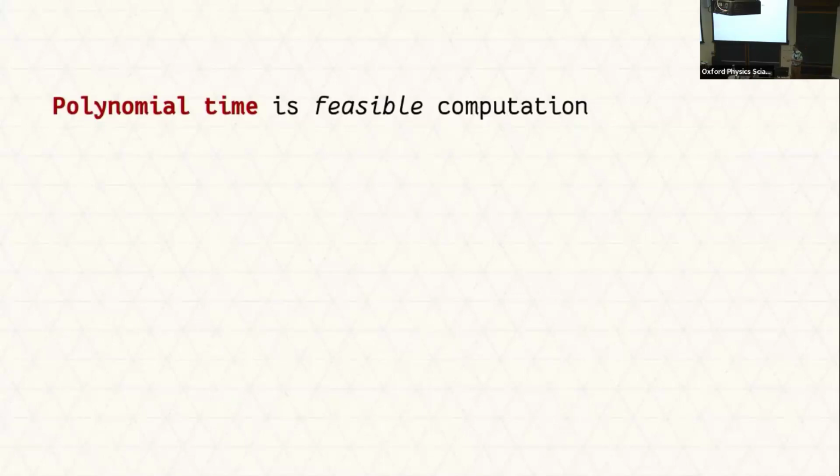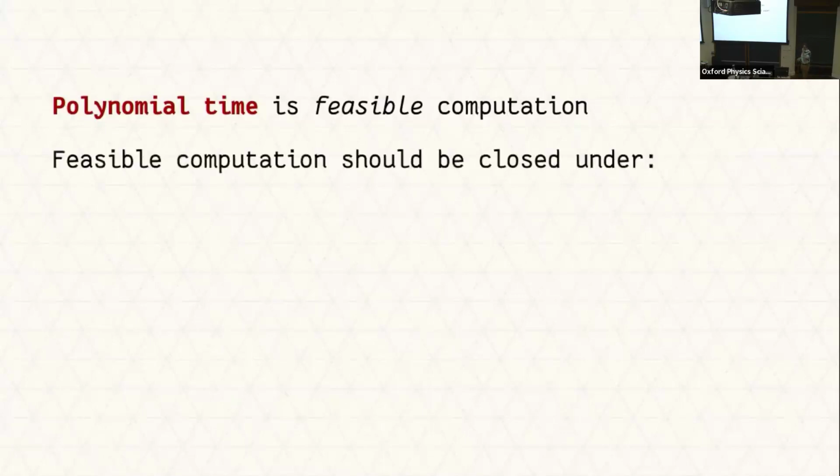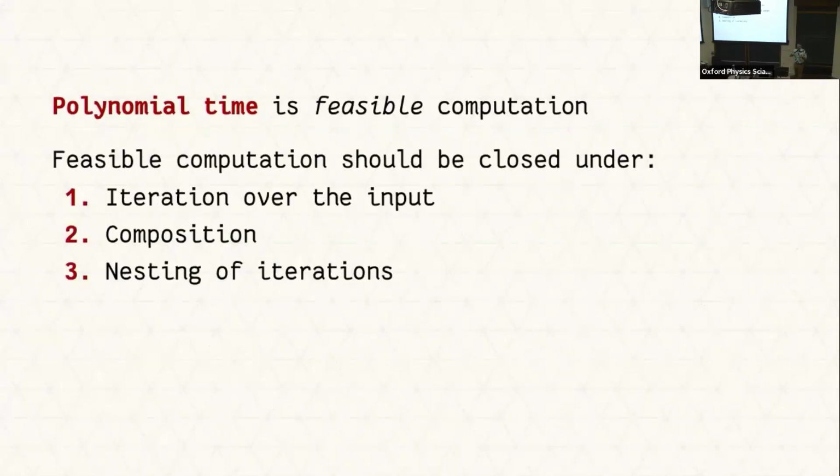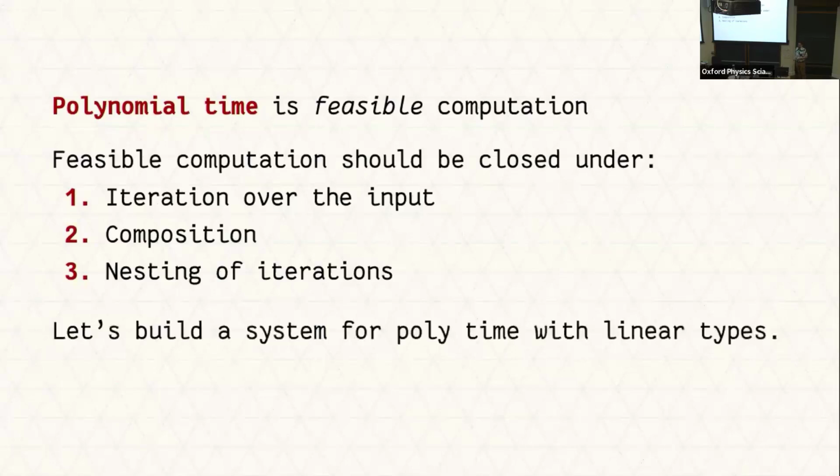But if you break it down, this is what complexity theorists like to say: feasible computation should be closed under, well, we have to be able to iterate over the input. That seems reasonable. We should be able to do 2 iterations over the input. And if you can do 2, you can do 3, you can do 4. And then the slightly iffy one is that we're allowed to nest iterations. If we're allowed to iterate over the input, then we're allowed to iterate over the input while we're iterating over the input. And that's what gets us the polynomial degrees. But once we allow these, then we inevitably get to polynomial time.